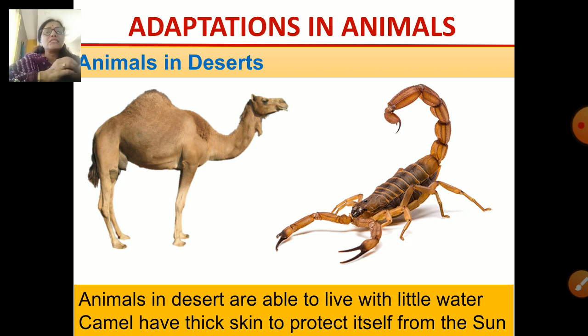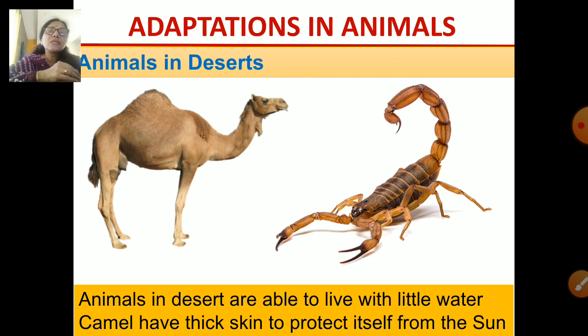So the camel is best suited to live in the desert. As I told you, it has got long legs with which it is able to walk on the sand in the desert, and also it has got a hump on its body.